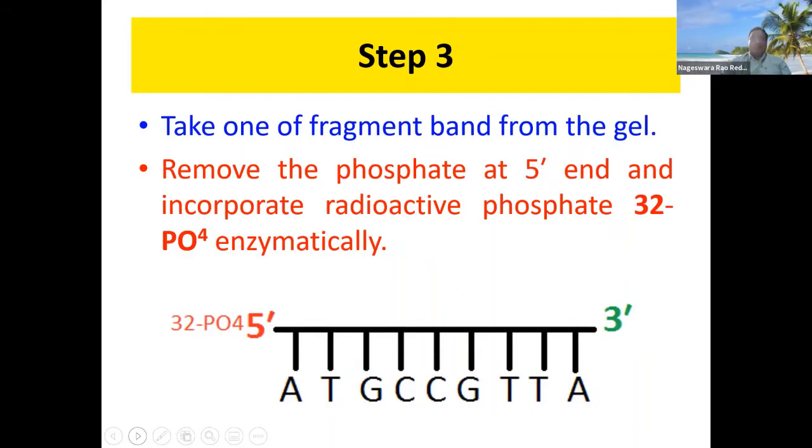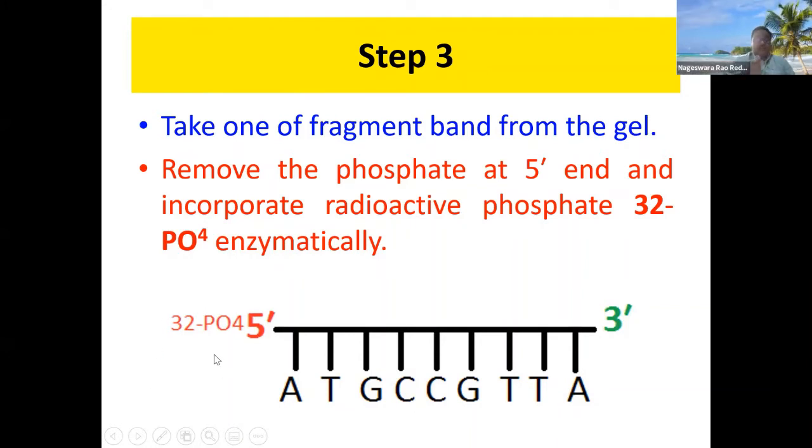Now the third step. We take one of the fragment bands from the gel. We take one fragment, then we remove the phosphate enzymatically, and incorporate radioactive phosphate, also enzymatically.